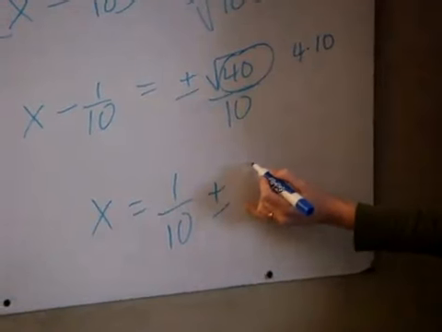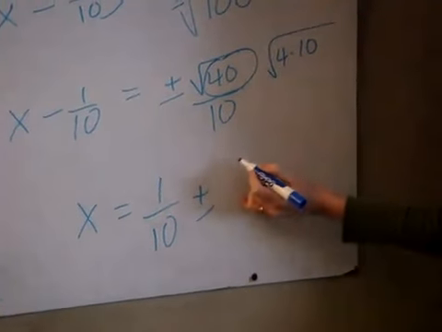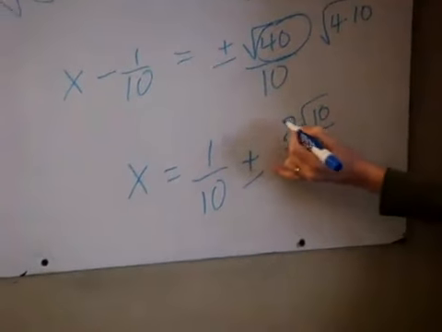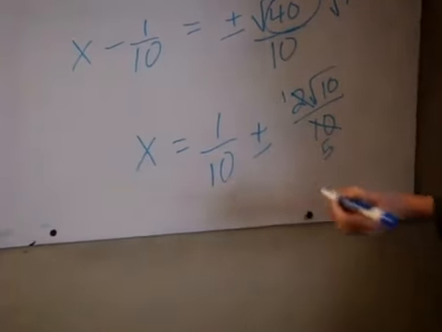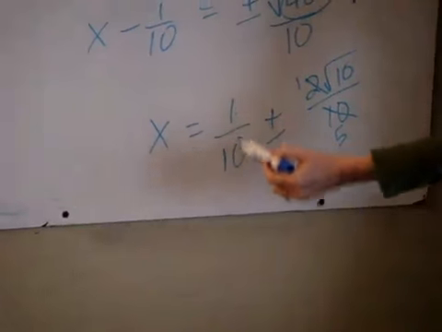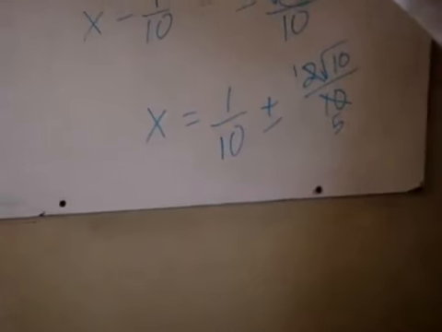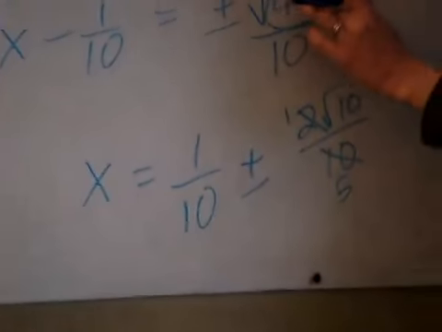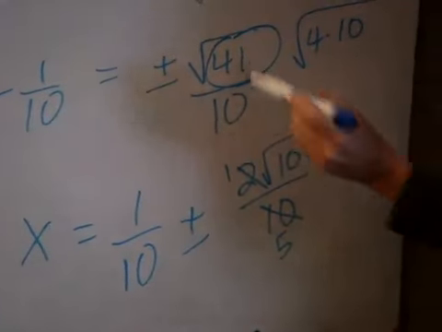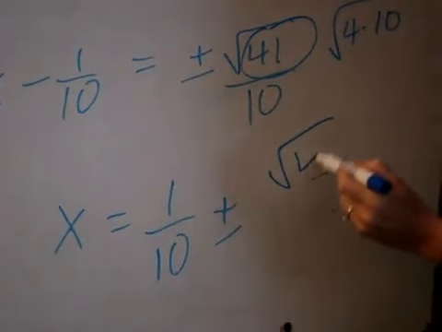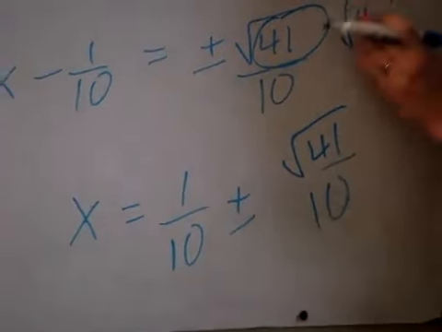So it's going to be square root of 4 is 2 square root of 10 over 10, and then this can even be reduced. So your final answer is x equals 1/10 plus or minus square root of 10 over 5. And actually this was supposed to be 41, so that's all wrong. It's just 41. Square root of 41 over 10. I don't know why I'm translating.